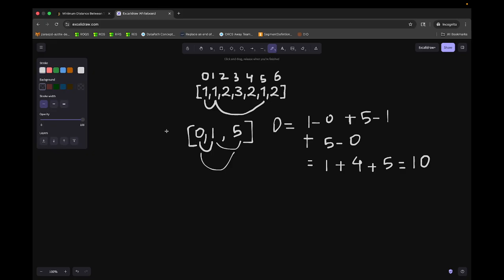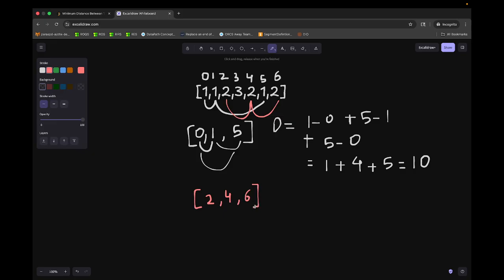Now, this is for one such case. We can also see that the number 2 also occurs 3 times. So if we look for the good tuple of 2, 2 occurs at index 2, 4, and 6.